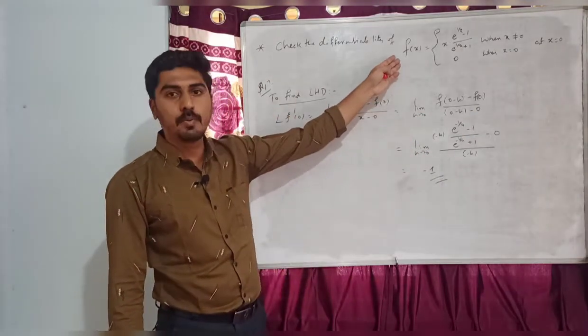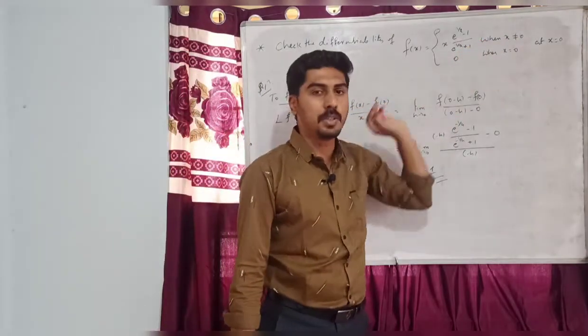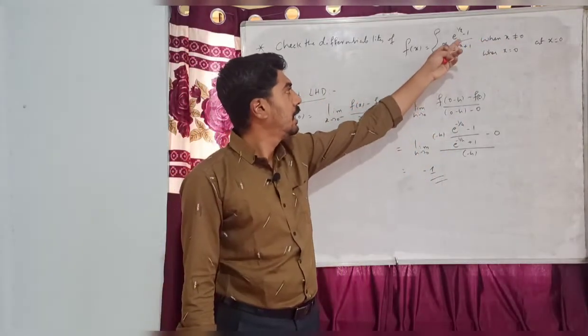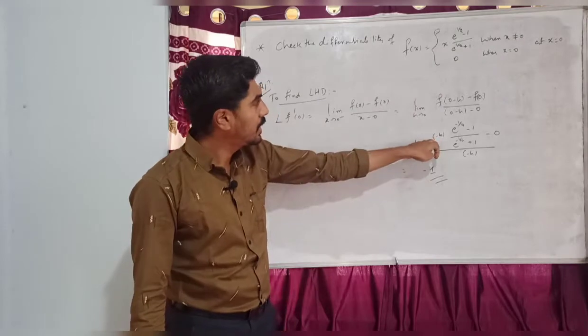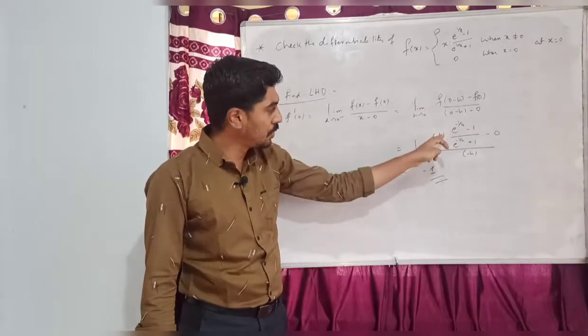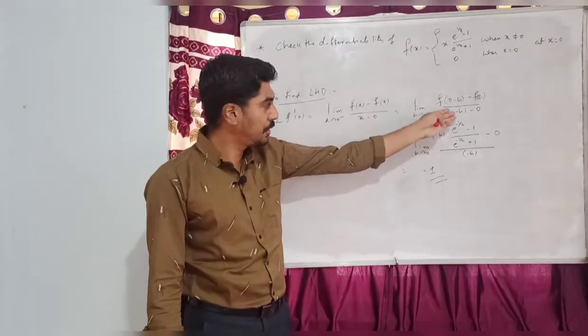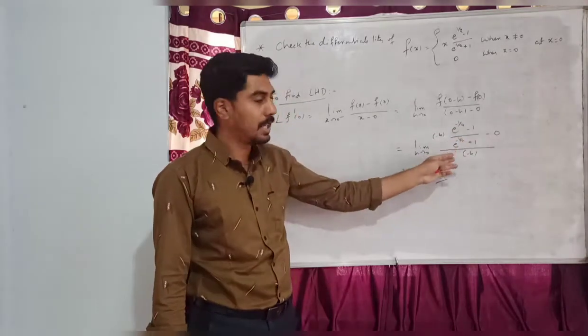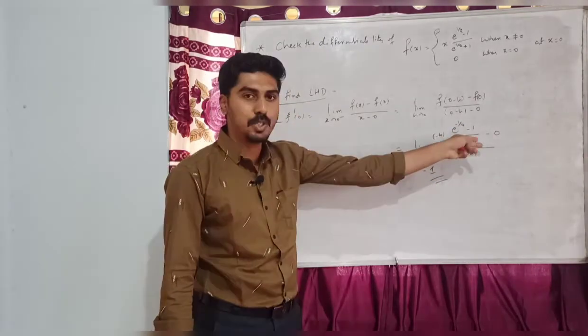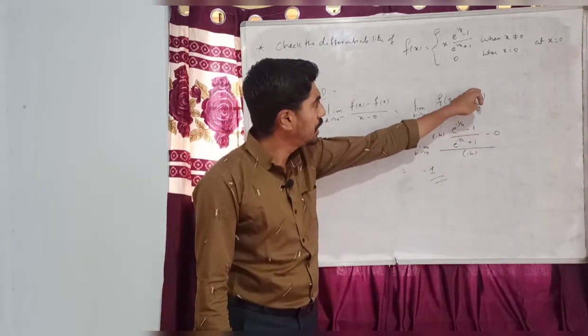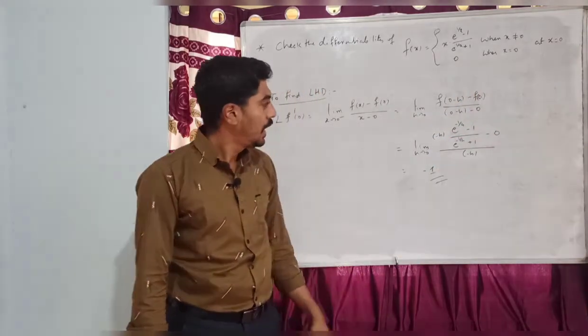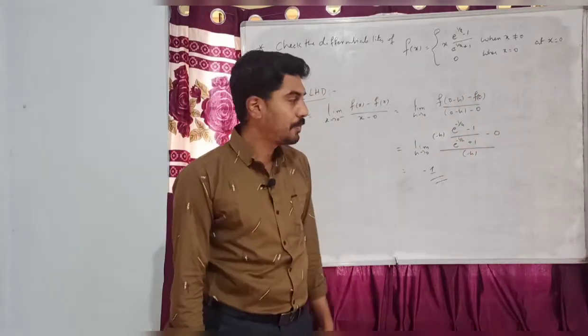By the definition of f of x, for any value not equal to 0, the function is defined as this. So I get here f of minus h is equal to minus h into e power minus 1 by h minus 1 divided by e power minus 1 by h plus 1, minus f of 0 which is equal to 0, whole divided by minus h.